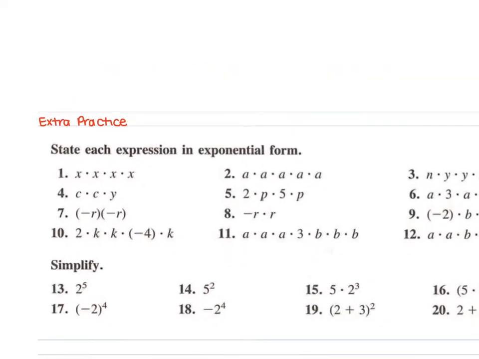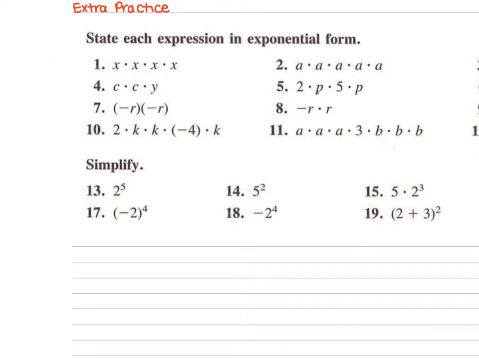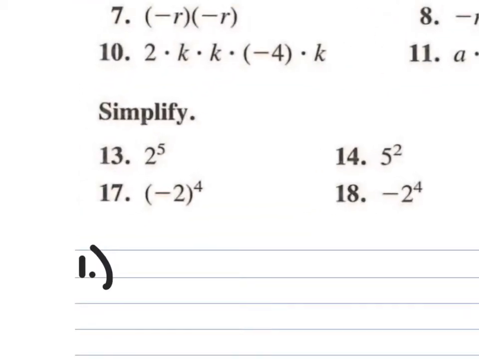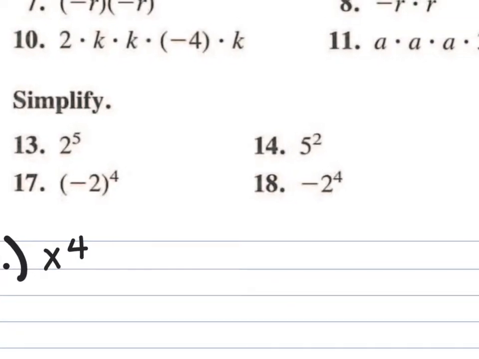If we look at some extra examples here, for 1 through 12, we're writing each expression in exponential form. For 1, we have x times x times x times x, which is x to the 4th. For 2, we have a times a times a times a times a.